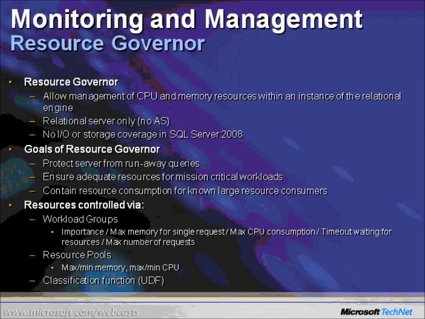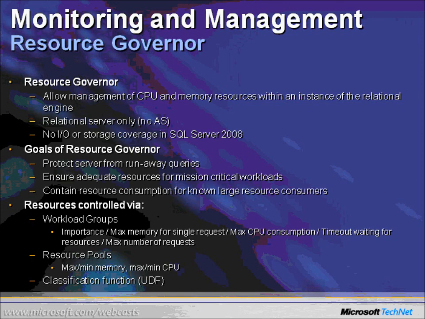To limit the scope of this type of problem, it's important to have some way to control the amount of resources allocated to different users or categories of work. That's exactly what the resource governor feature is. It allows you to manage CPU and memory resources within a single SQL Server instance. This is for the relational SQL Server only, and it doesn't work with Analysis Services at this point.